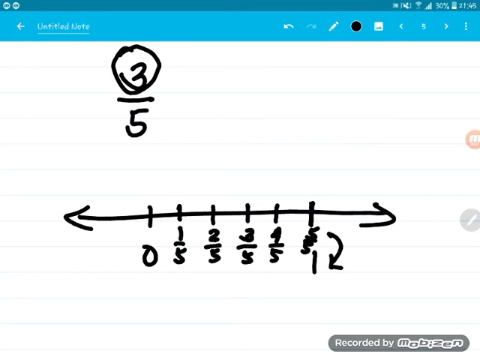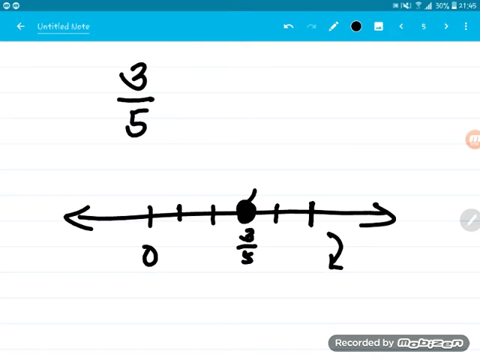And again, the numerator tells us the number of parts we have. So we're looking for the third part. And this is our third part. So this is 3/5. So if we go back to our drawing a while ago, this is where we can find 3/5 on the number line.